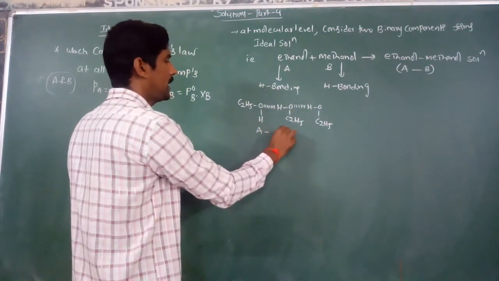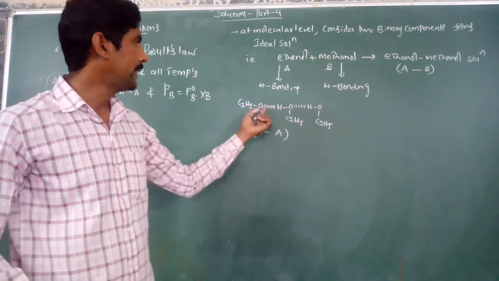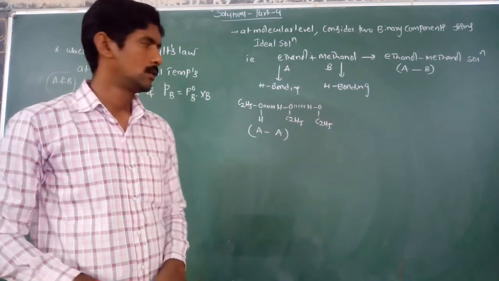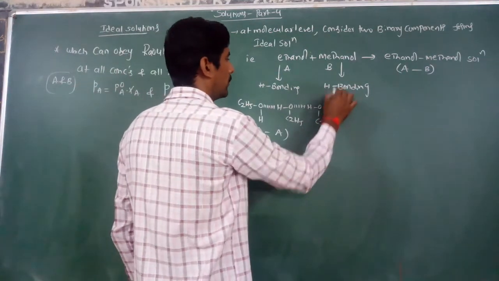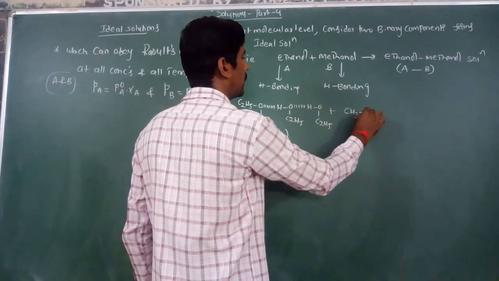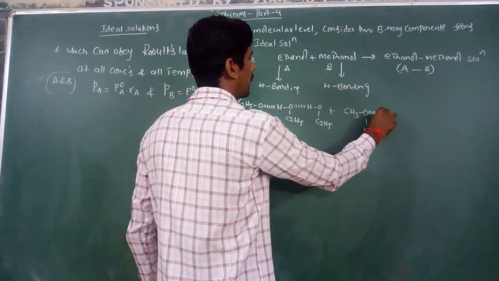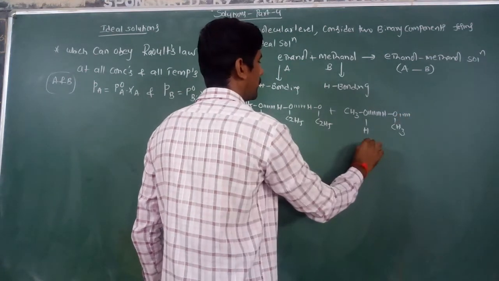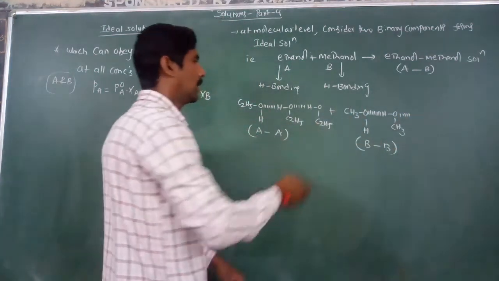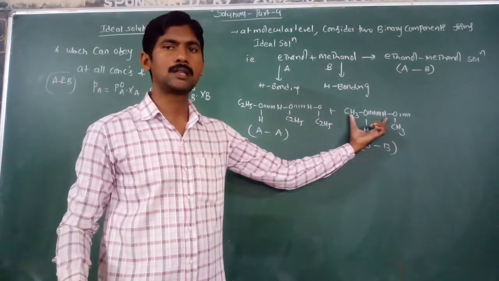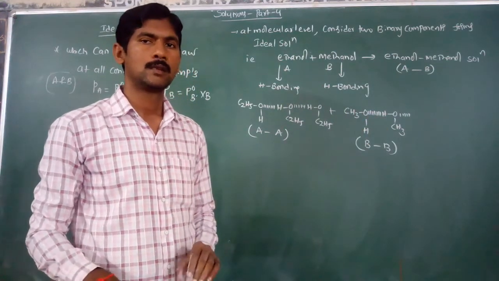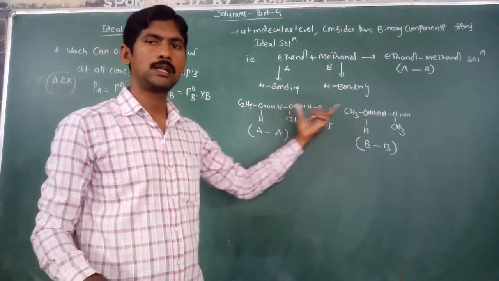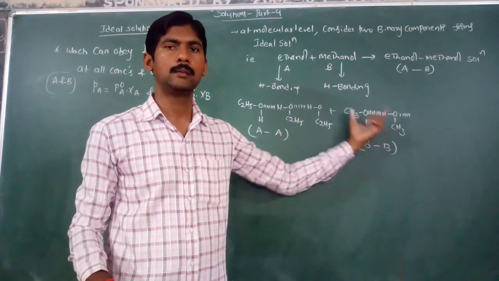These are AA interactions, hydrogen bonding between ethanol molecules. Methanol, very similarly, BB interactions, hydrogen bonding between methanol molecules.